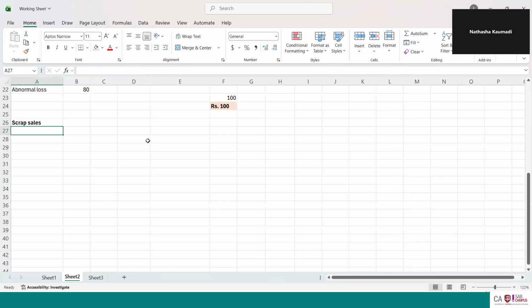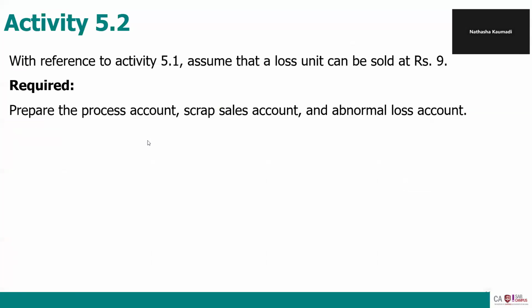Scrap sales means if you can sell your loss units to a third party and earn something by selling them, you call it scrap sales. So here, what is your scrap sale value? 9 rupees per loss unit. That means you can sell those loss units at a price of 9 rupees per kilogram.